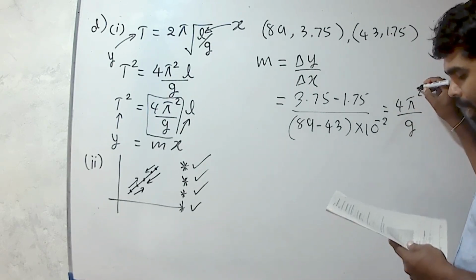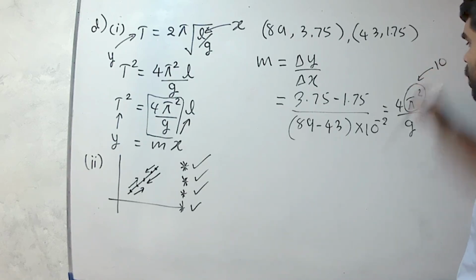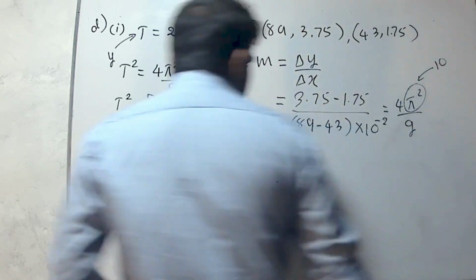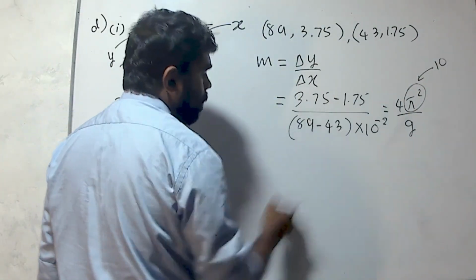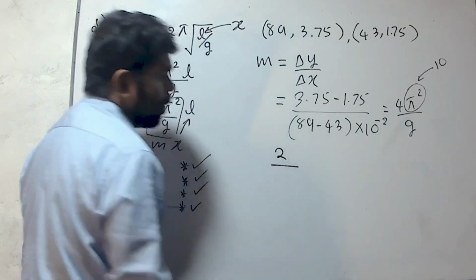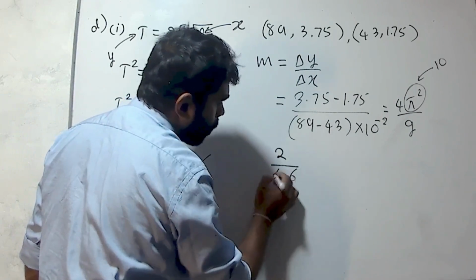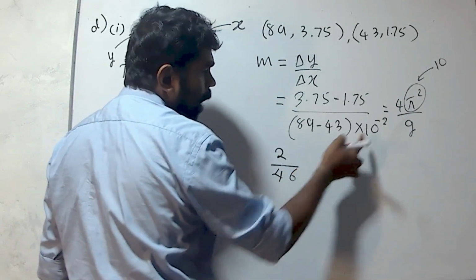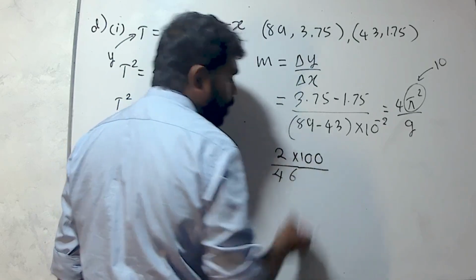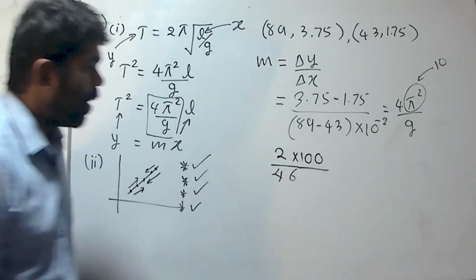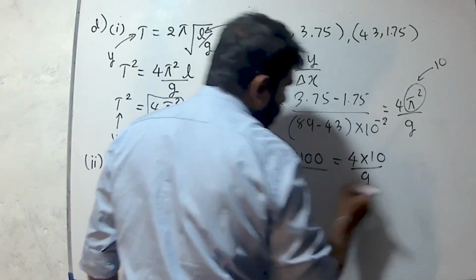Pi squared value is given as 10, so we can substitute 10 as the pi squared value. Now I will simplify it. 3.75 minus 1.75 divided by 89 minus 43, which is 46, into 10 to the power minus 2. I will bring it to the numerator as 10 to the power 2, which means 100. Equals 4 pi squared, 10, over g.